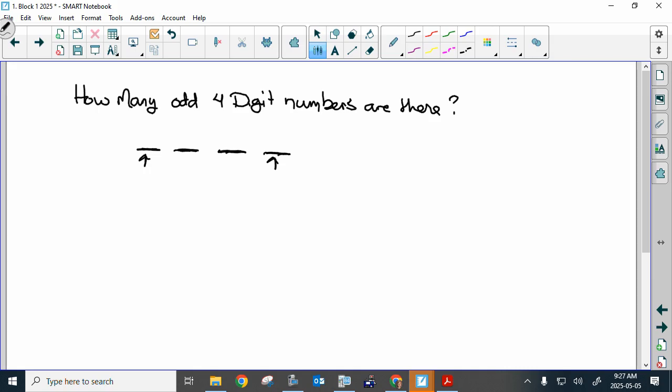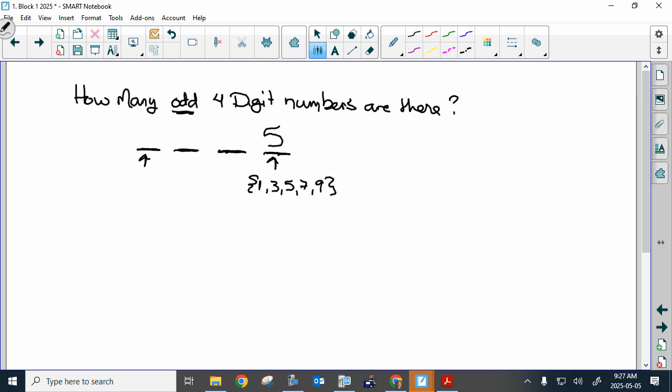Yes, 5. Which one? The left or the right? Okay, so guys, if it's going to be odd, it had to come from the set of 1, 3, 5, 7, or 9. Those are the only digits.